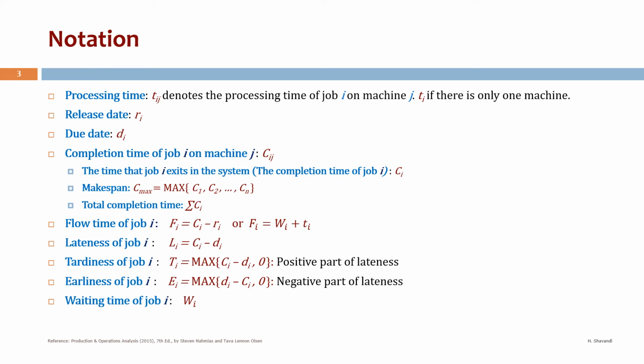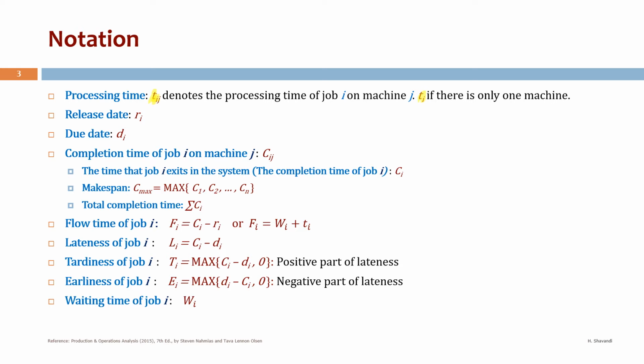These are the notations that we will use in scheduling problems. Tij will be the processing time of job i on machine j. But if we have just one machine, the single machine case, then it will be just Ti.